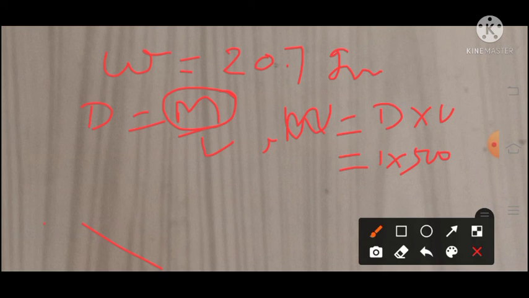Now the amount of solvent equals amount of solution, that is 500, minus amount of solute, that is 20.7. Now the amount of solvent equals 479.3 gram.